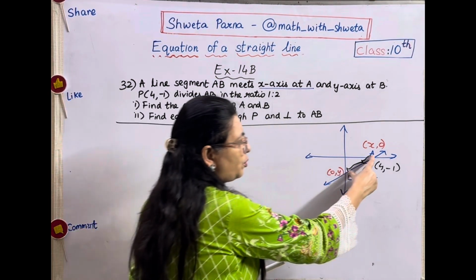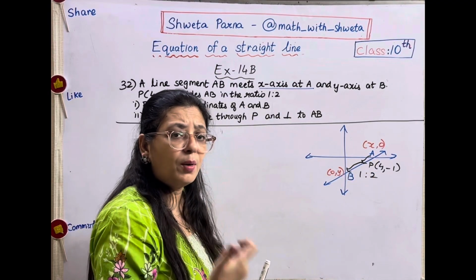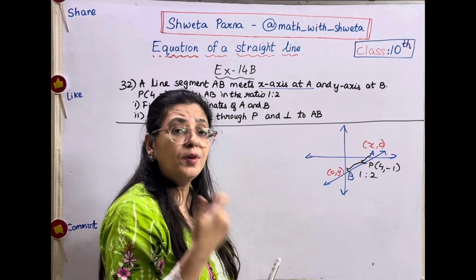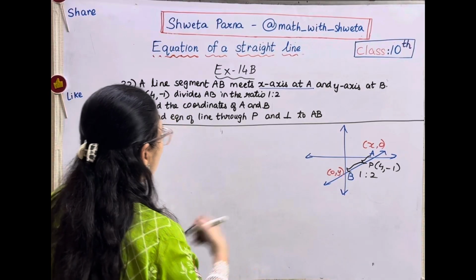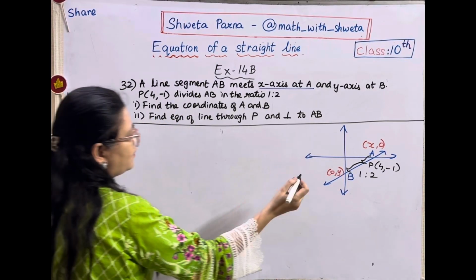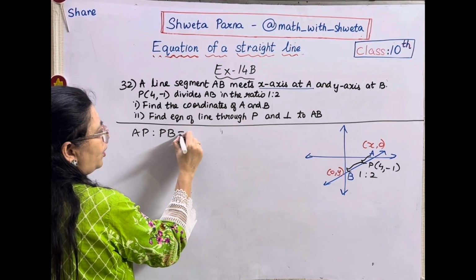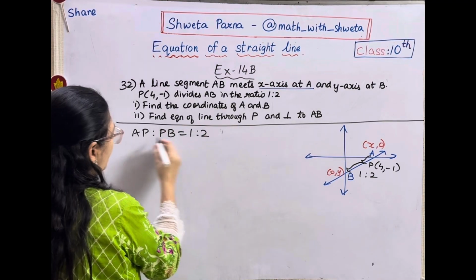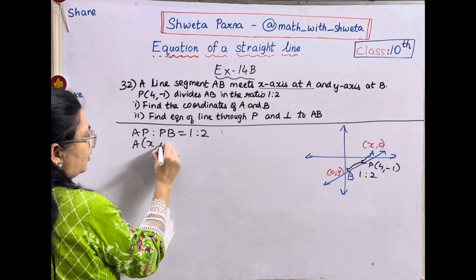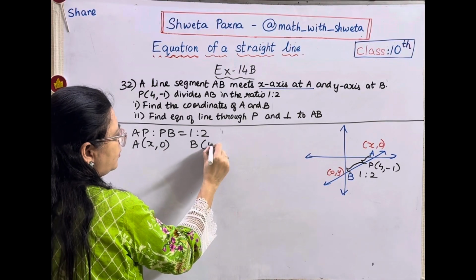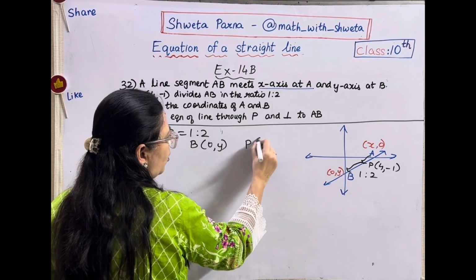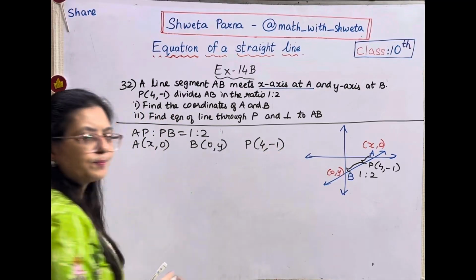So now the ratio is given. Which formula will you use to find it? You will use the section formula. So first let's take AP is to PB, the ratio is 1:2. A the coordinate is (x, 0). B the coordinate is (0, y). And P the coordinate is (4, minus 1).